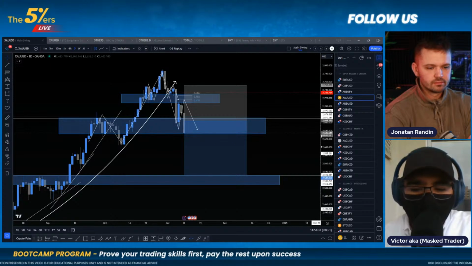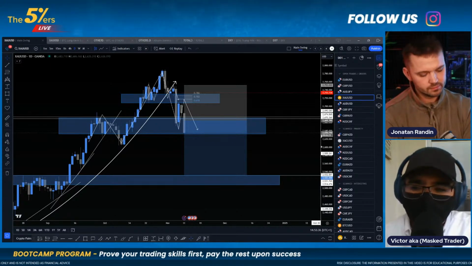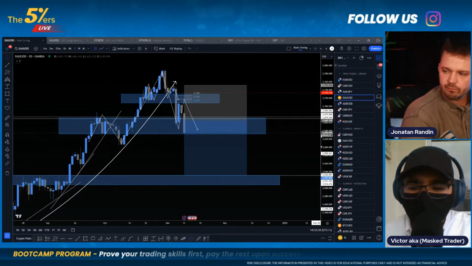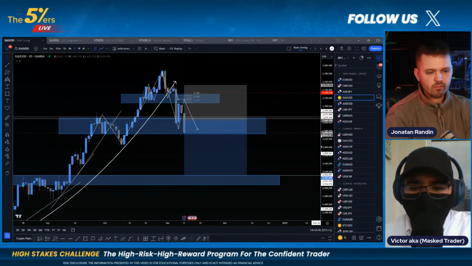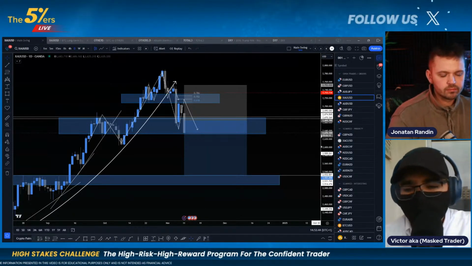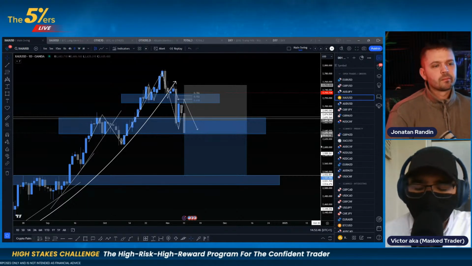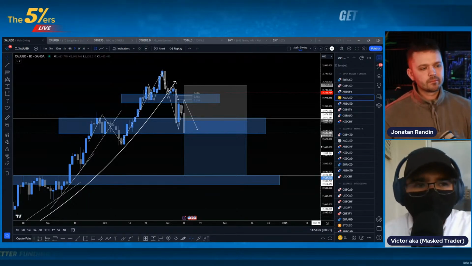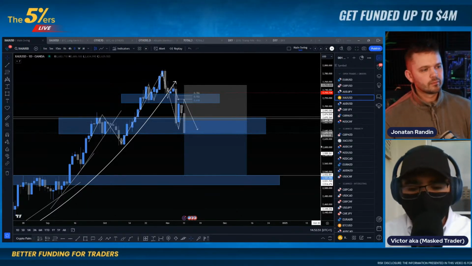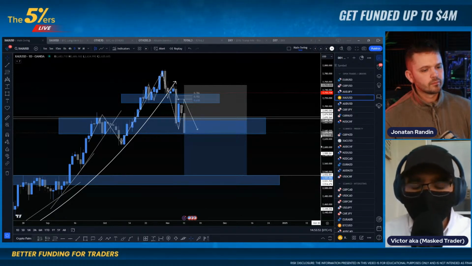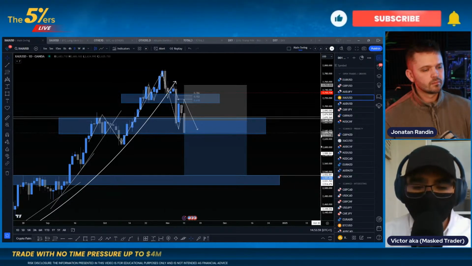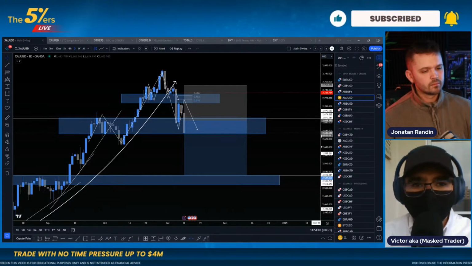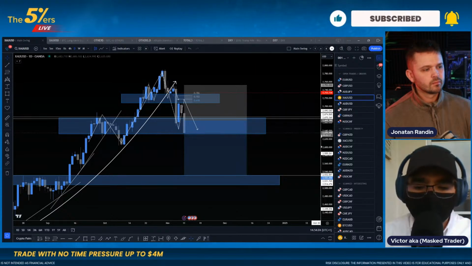I don't think you can generalize here, because it all depends on the edge of the system. Of course, the day trader has a higher frequency of opportunity, so if two systems are equally profitable on an expectancy basis, per trade, the day trader will win, because the day trader will have more opportunities more often.